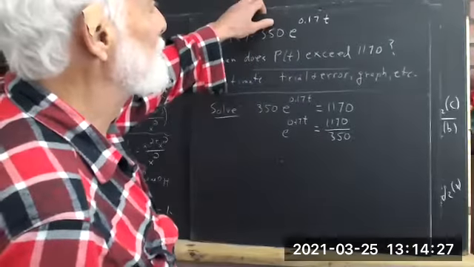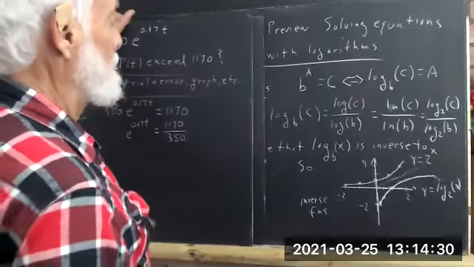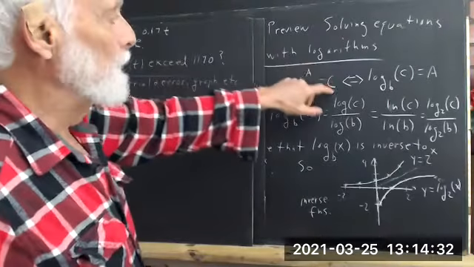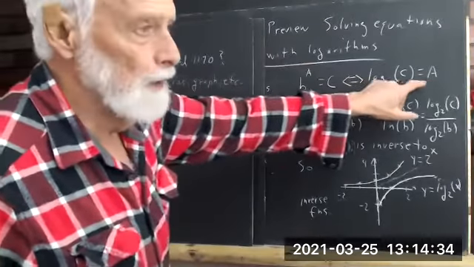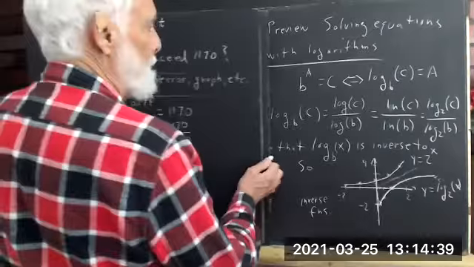Now using the rule I'll put up here, b to the a equals c means log base b of c equals a. So I'm going to just write that down.